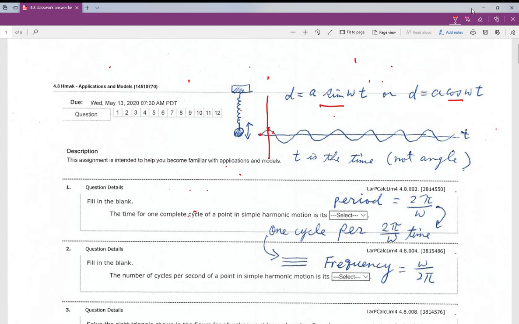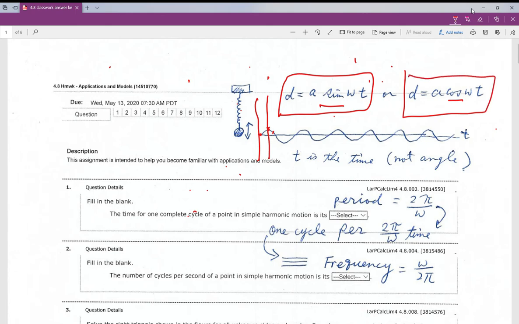That's all possible, so it depends on what's your original position. But that's not important right now. Anyway, I think the question itself will tell you which trigonometry function we are talking about. But right now we want to focus on what's the period for the model.